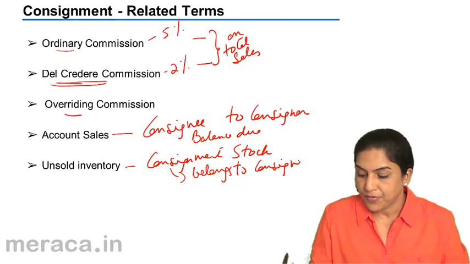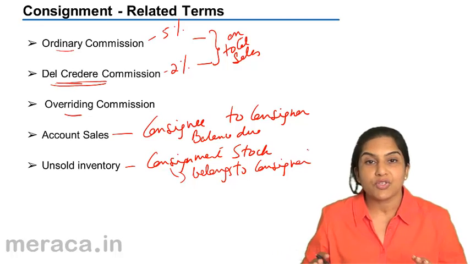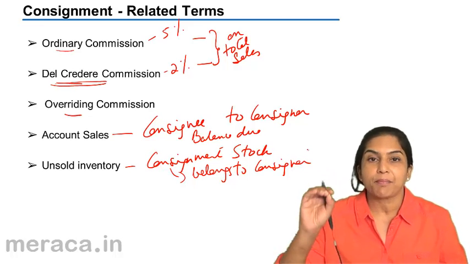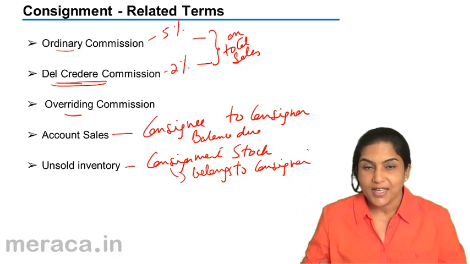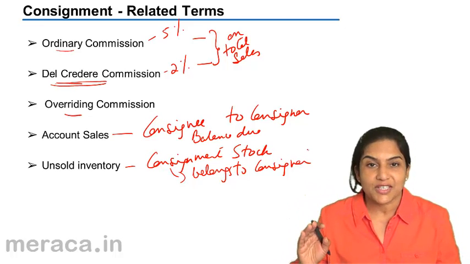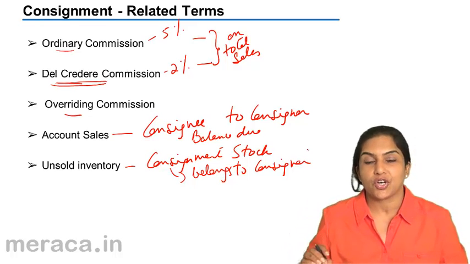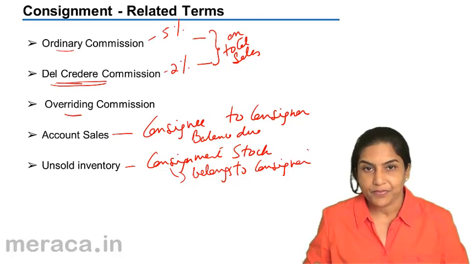If the accounts are being closed and physically goods are counted in the premises of the consignee, this consignment stock is physically there, but it should not be included in the stock of the consignee.